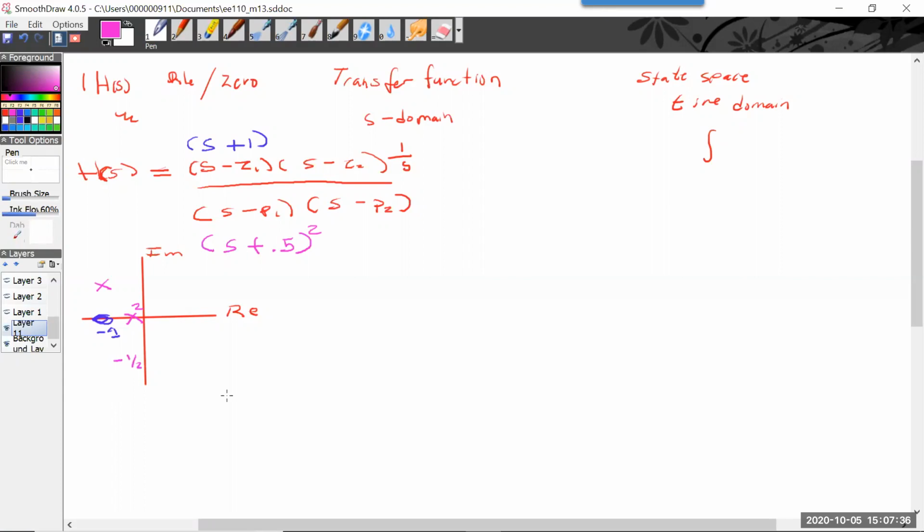And you would just have something like s plus 0.5 plus, and s plus 0.5 minus, because complex values come in pairs. So just because everything is real before, it stays real.